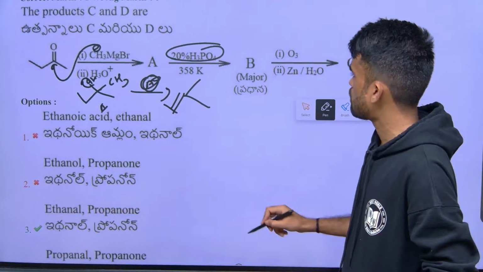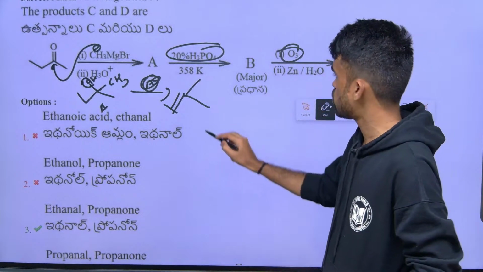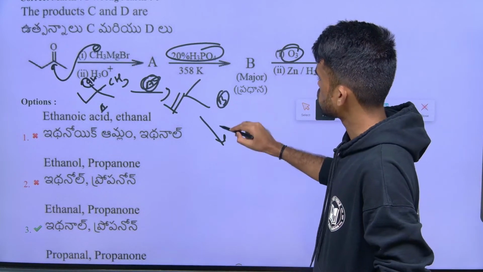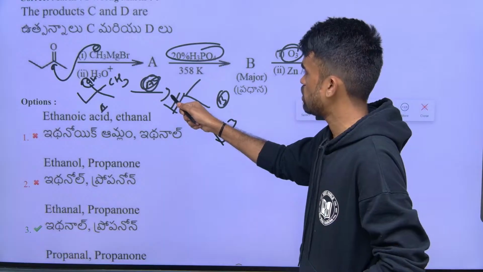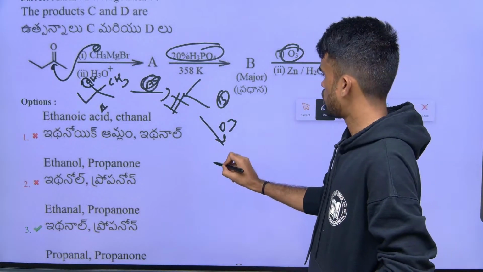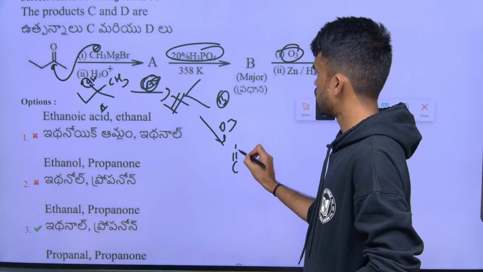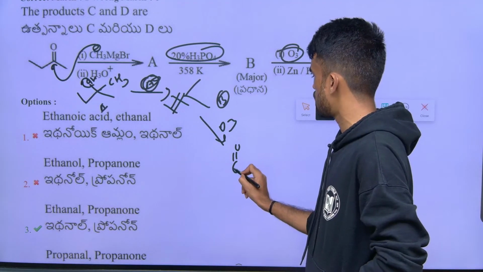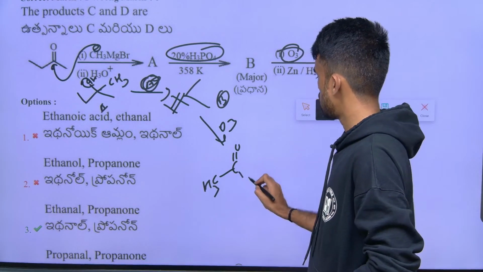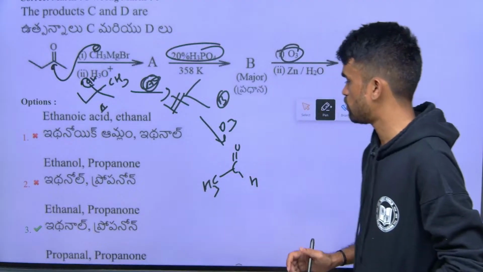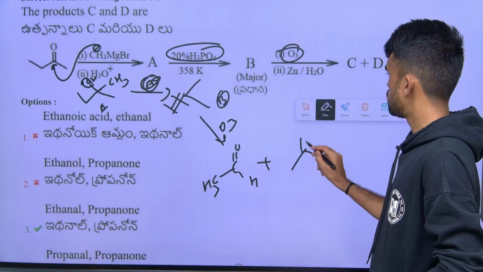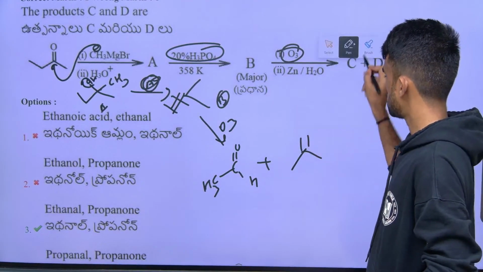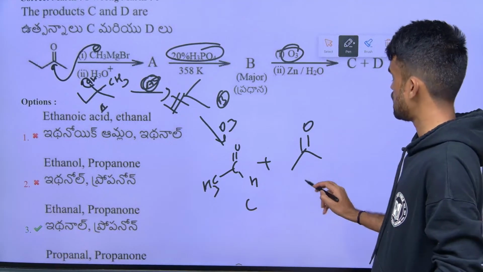So this is our B. This alkene upon ozonolysis, ozonolysis means what? Whenever you have a double bond, break it and make the carbonyl group, just convert these two carbons into carbonyl groups, CH3CHO. This side is the product formed, and the other side we will be getting this, one is C, another one is D.